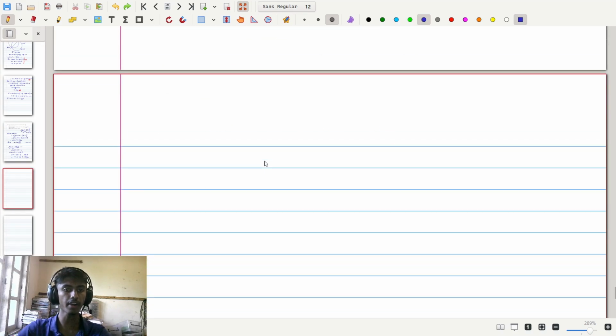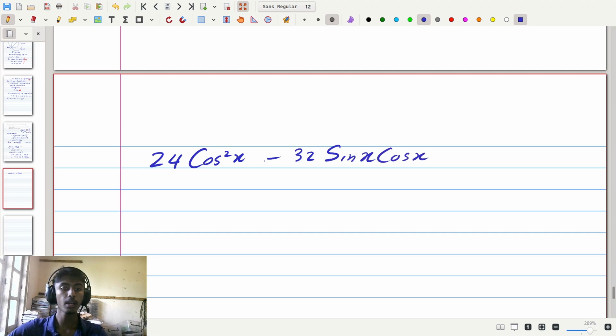Now going down, if I write down this expression, we have 24 cosine squared of x minus 32 sine of x cosine of x. Considering this expression, we should immediately see that we have sine of x times cosine of x, and as we know, the sine of 2x is equal to 2 times sine of x times cosine of x.